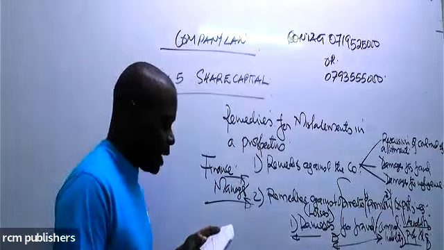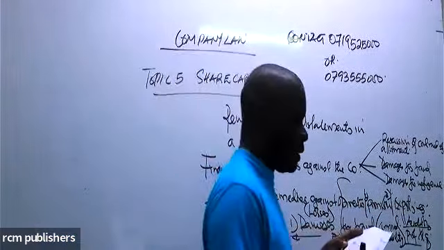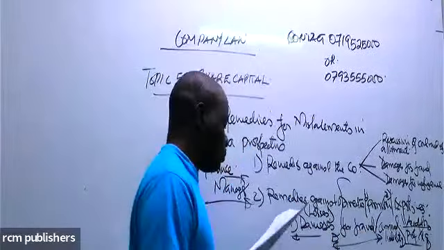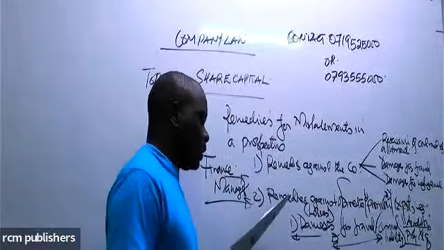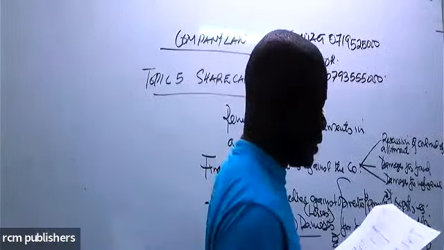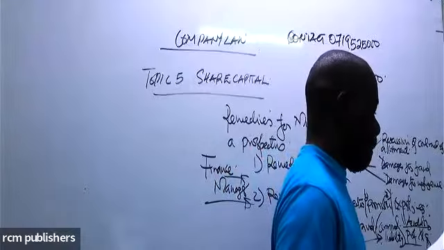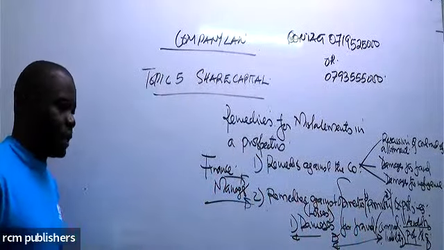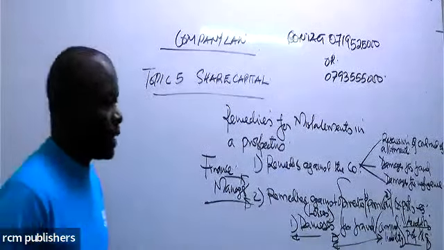Failure to include matters that are supposed to accompany the prospectus, and issuing a prospectus without delivering a signed copy of it to the registrar of companies. So that's what will happen with regard to a misleading prospectus.